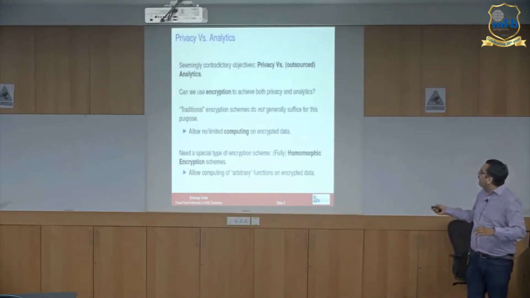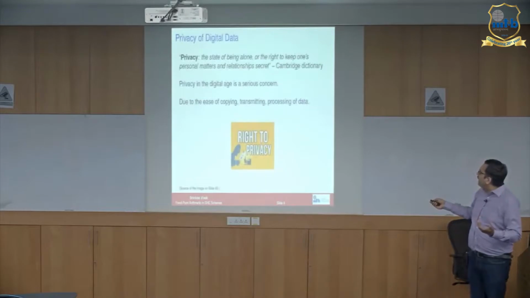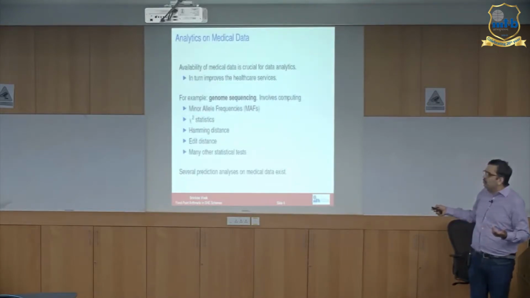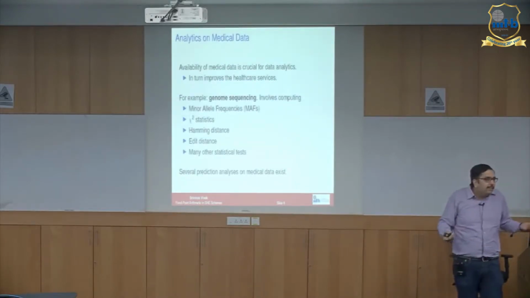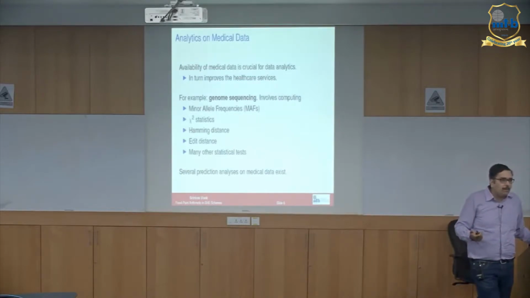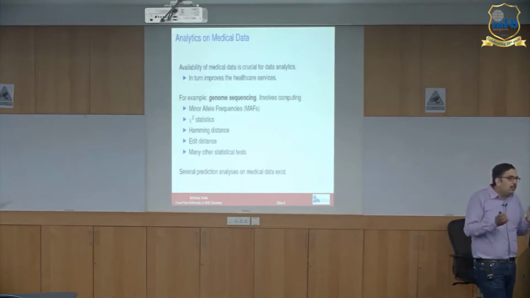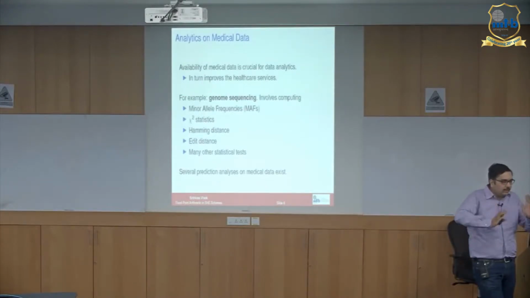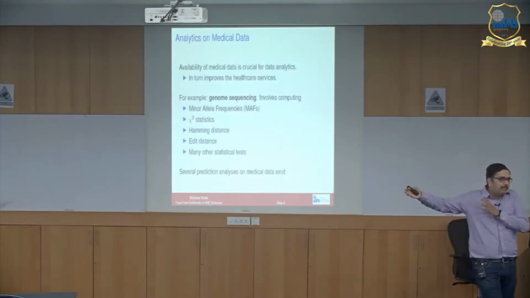Like, for example, in the case of healthcare, I mentioned we need to do genome sequencing, right? For that, we need patients' data. But the point here is, we should use only that amount of data that is necessary for our computation. But usually, if you are given the database as it is, you get all the patients' names, their age and all their medical history, right?